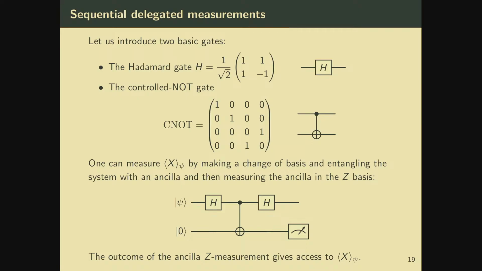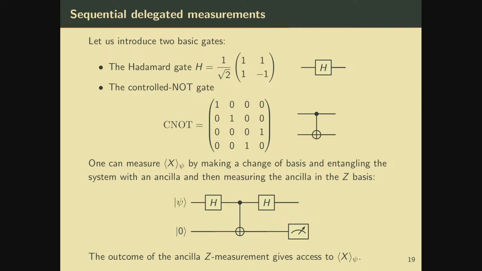We use a CNOT gate to, in some sense, print the result of what we will measure here. And then we do a Hadamard gate to come back to the original state, and we measure this qubit here. So this technique of delegation allows you to make measurements in different bases without destroying your state and collecting the result on a different wire. That will be very important for what I want to do with quantum contextuality.